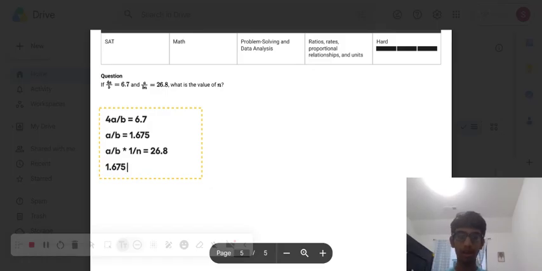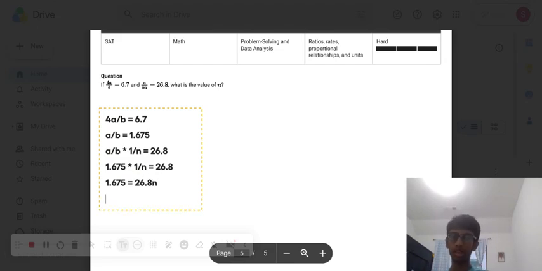So 1.675 times 1 over n will be equal to 26.8. And multiplying both sides by n, we are getting 1.675 will be equal to 26.8n. Dividing both sides by 26.8, we get a value of n equal to 0.0625. And that's how we would solve this problem.